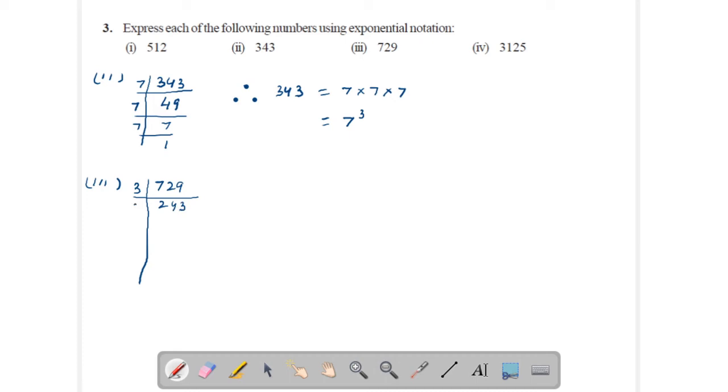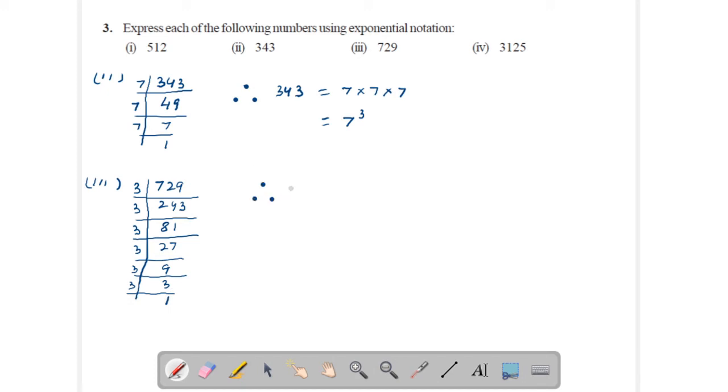Again divided by 3. What will you get? 81. Again divided by 3. You will get 27. Again divided by 3. You will get 9. Again divided by 3. You will get 3. Again divided by 3, you will get 1.